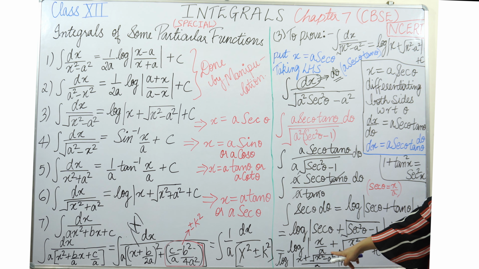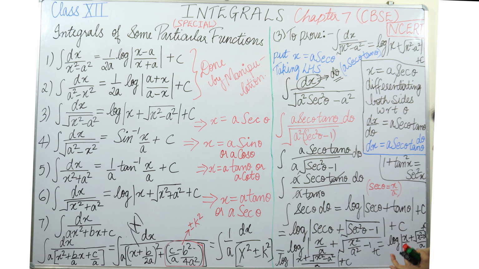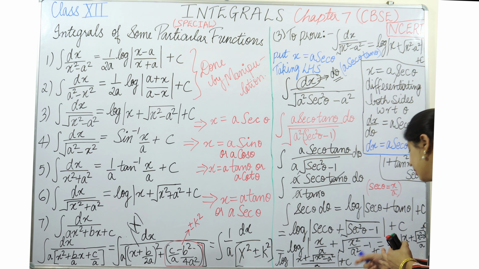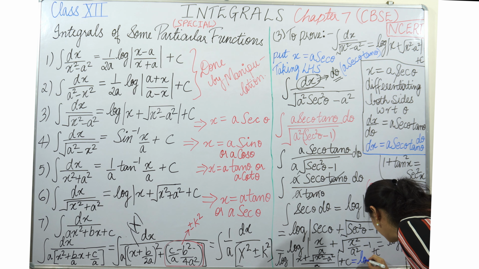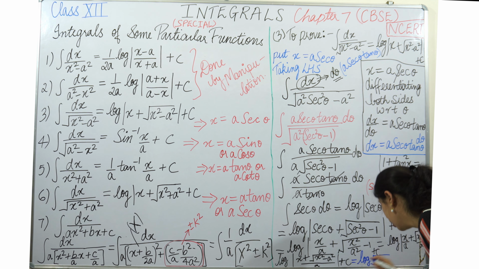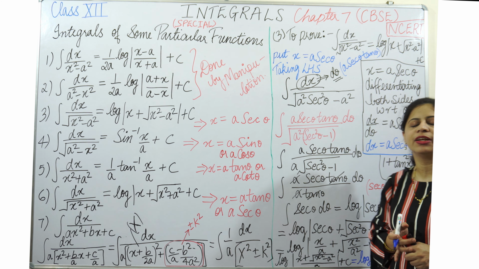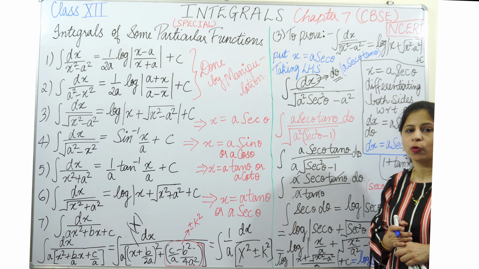Okay, so this can be written as log x plus under root x square minus a square minus log a plus c. Log a upon b can be easily written as log a minus log b.